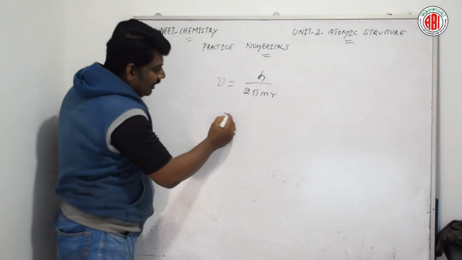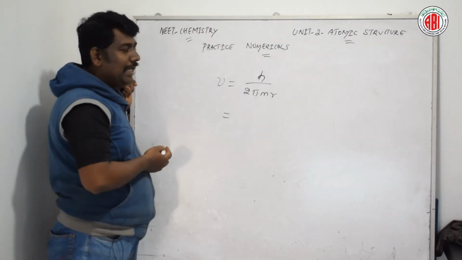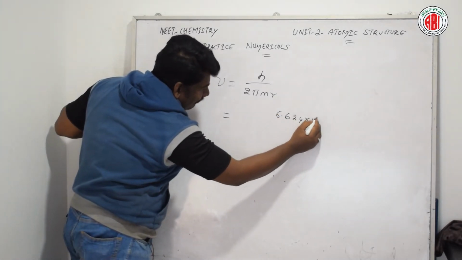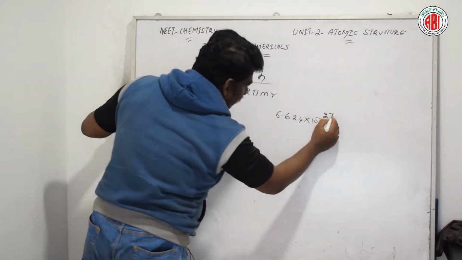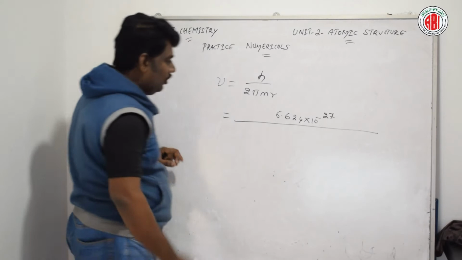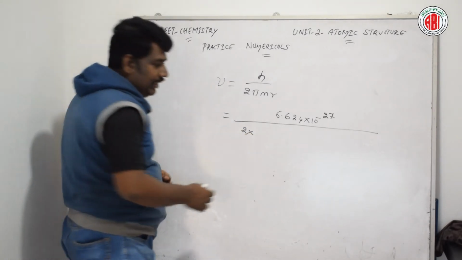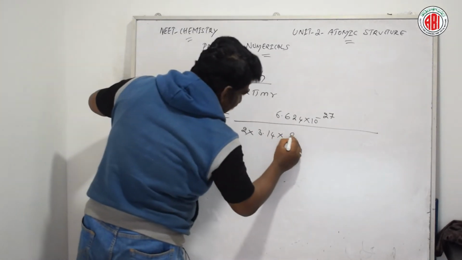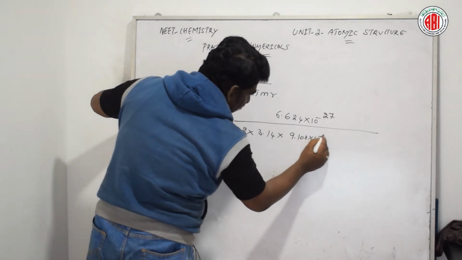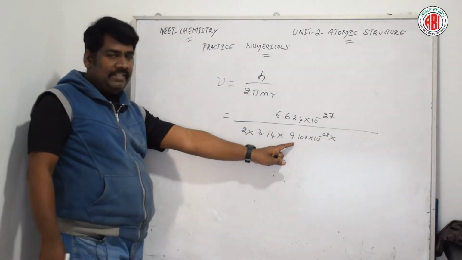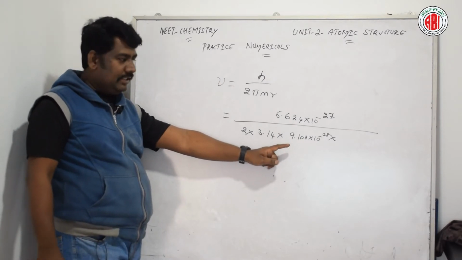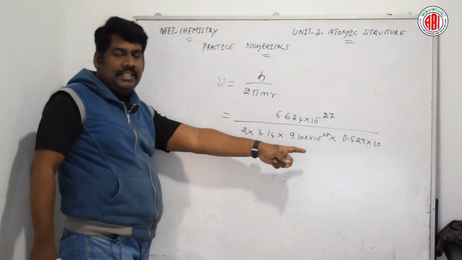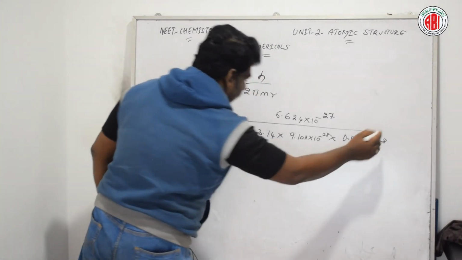Here h stands for Planck's constant, which is 6.624 into 10 to the power of minus 27 erg second, divided by 2 into pi value, that is 3.14, into the mass of the electron, that is 9.108 into 10 to the power of minus 28, into the radius of the atom, that is 0.529 into 10 to the power of minus 8. So that is the radius.